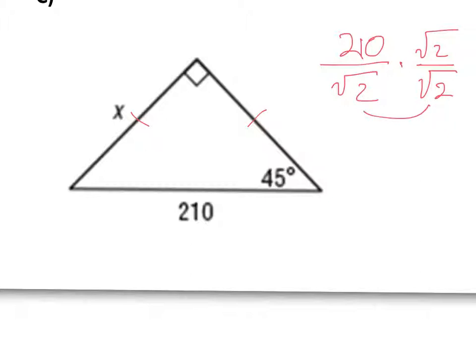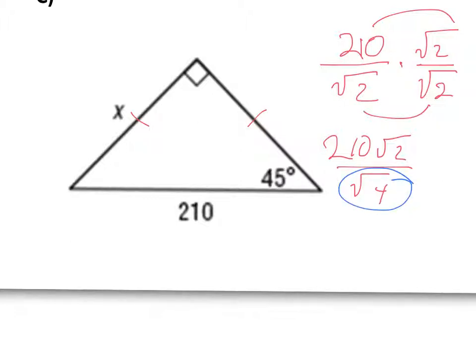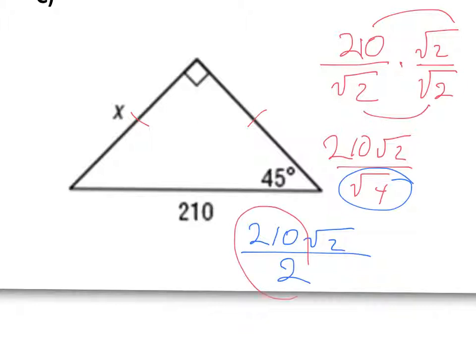When I multiply the bottom numbers, I get radical 4. When I multiply the top numbers, I get 210 radical 2. Well, radical 4 is equal to 2. And then I can simplify this fraction and end up with 105 radical 2.